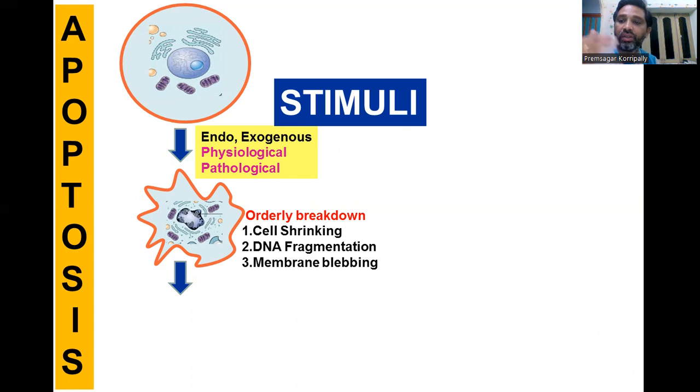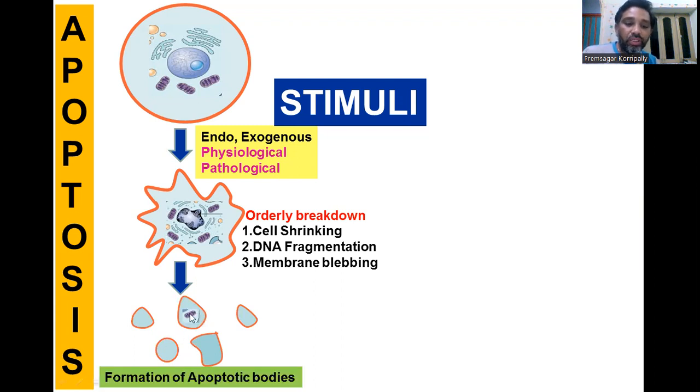These are the common morphological features you can see. They happen in order. There are no irregular or disorderly activities. Some of the apoptotic bodies will have organelles. There is no fragmentation of organelles except the nucleus. All remaining organelles are enclosed in the apoptotic bodies.